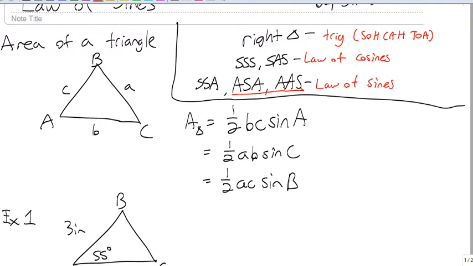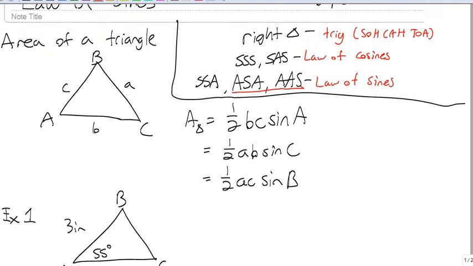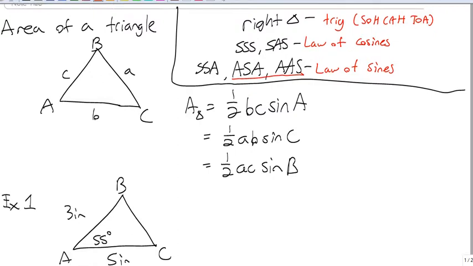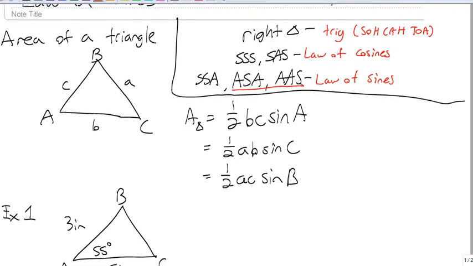So first thing we're going to talk about, before we do law of sines, is the other formula for area of a triangle. This one should make sense because think about the area of a normal right triangle. It's 1/2 base times height, and that's it. Well, this can be used for any angle, not just a right angle, because you need the right angle for the height versus the base.